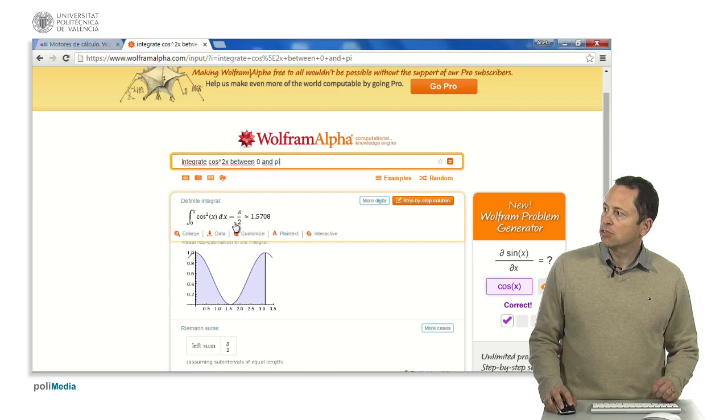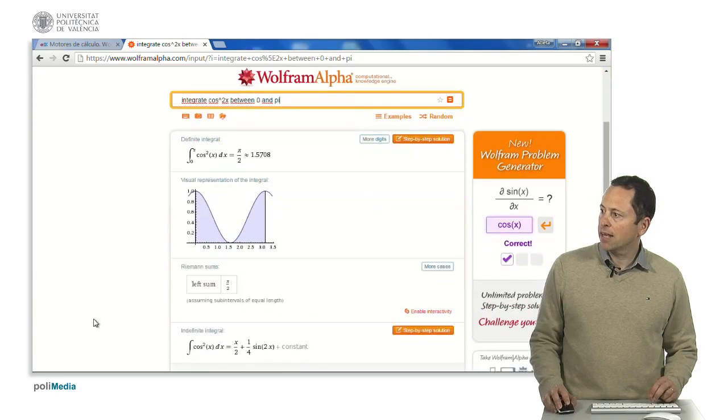Look, it gives us that it is half pi, which is 1.57. It also provides us here the representation of the area, the Riemann sums, etc.